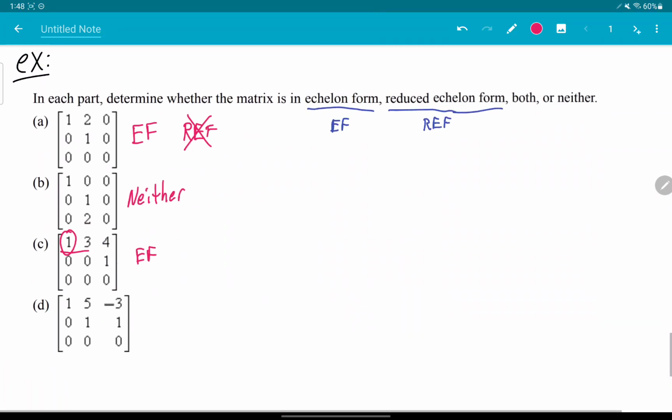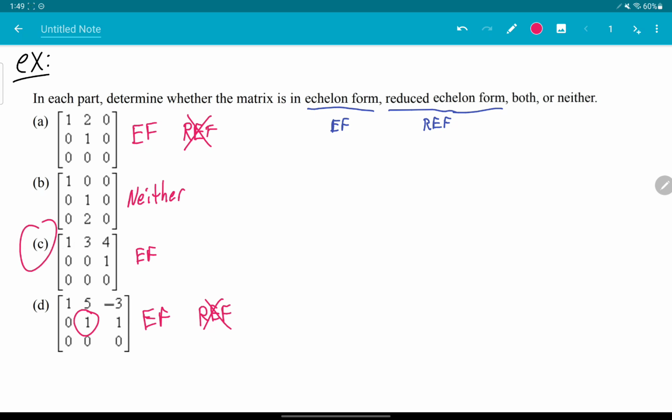Okay, part D, I'll again circle the leading entries in each row. And I can see that I do have the staircase format. Zero rows are at the bottom. Okay, so this is in echelon form. Okay, this is not in reduced echelon form because this leading entry is not alone in its column.